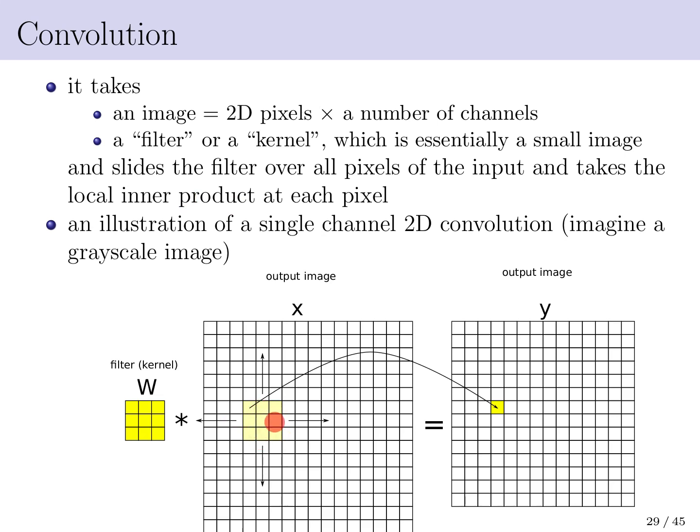For example, at this particular point, it essentially takes the inner product of two 9-element vectors, 3 by 3 pixels, between the filter and the corresponding pixel values of the input. And the computed inner product is put in the corresponding position in the output.